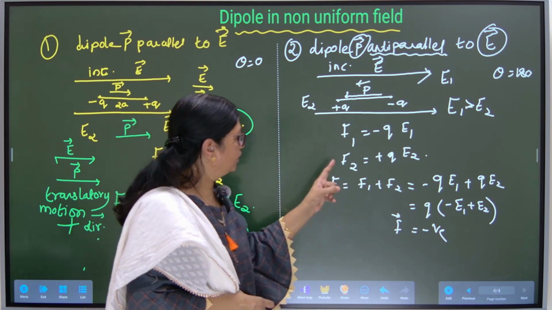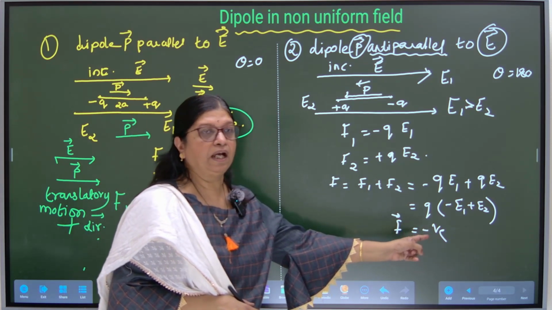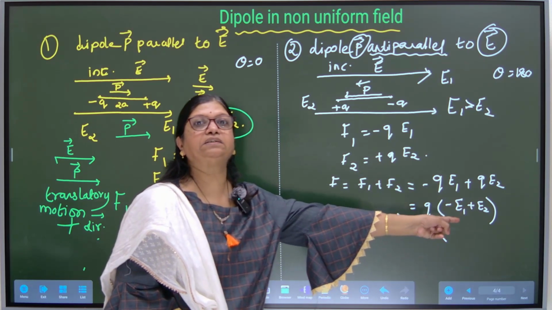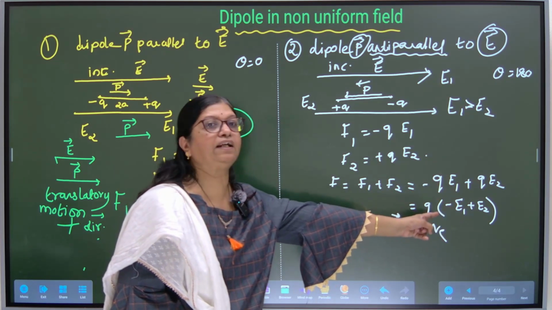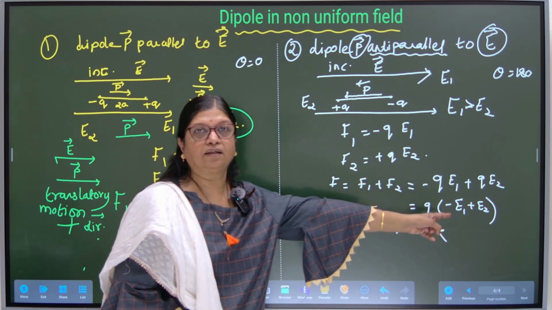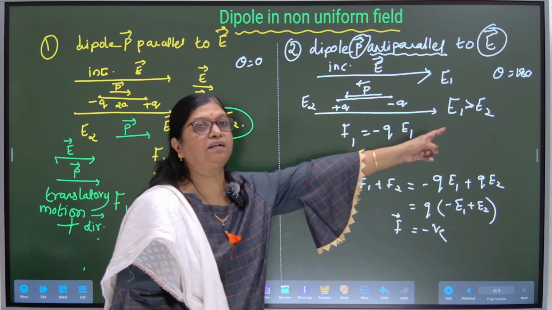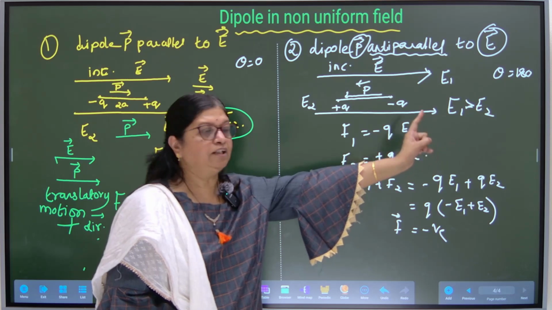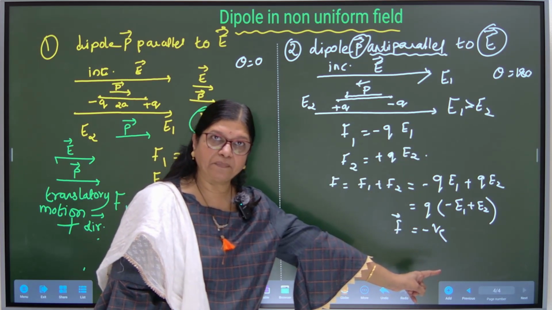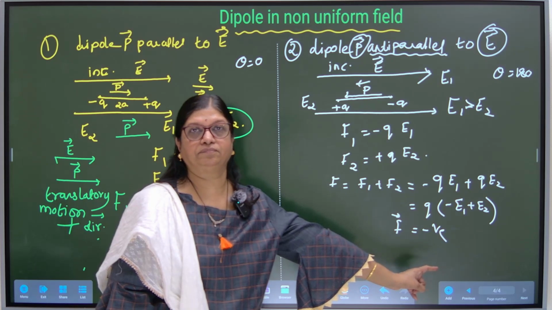Agreed? Again, I have added them and I have got in the bracket negative E1 plus E2. That means the value of negative E1 is greater than E2 because E1 is greater than E2. So whatever answer I get, I am going to get in negative.